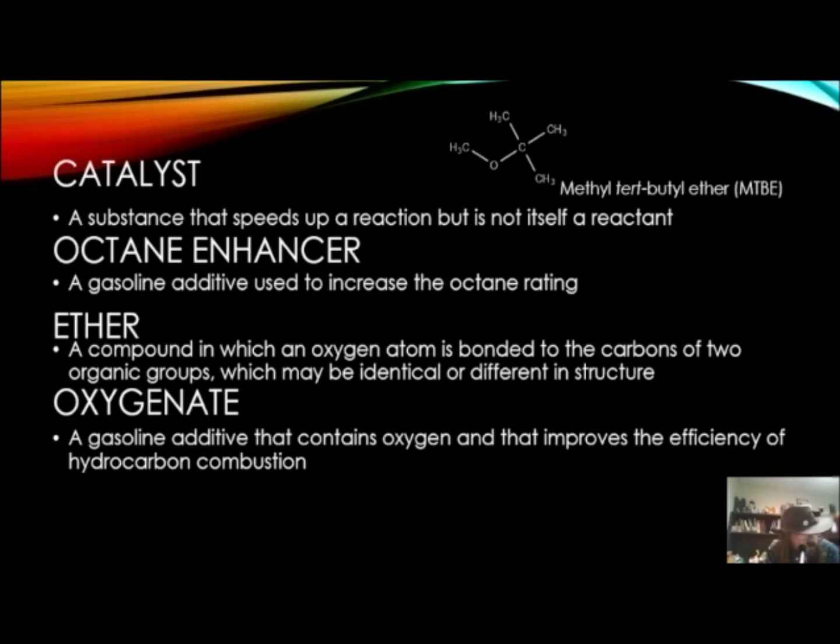Well, the problem is we had something called catalytic poisoning, that these catalysts are sensitive to other things reacting with them and then preventing the catalyst from being useful. Well, the lead from the tetraethyl lead would absorb onto these catalysts and block them. And if it blocked these catalysts, they couldn't do their job.